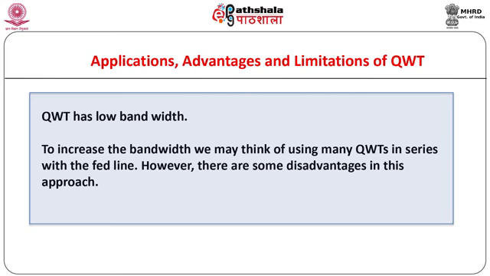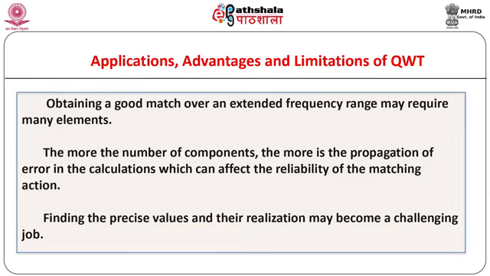How to increase the bandwidth? To increase the bandwidth, we may think of using many QWTs in series with the feed line. However, there are some disadvantages in this approach. As we know now, the major problem faced with QWT is its low bandwidth. A single circuit matches only at a single frequency.